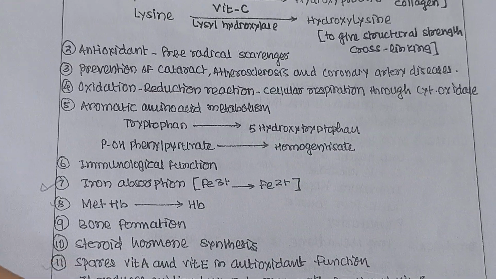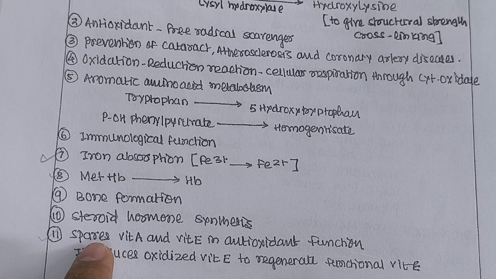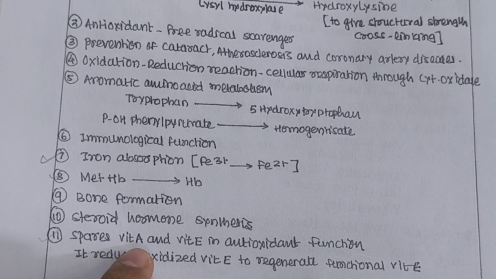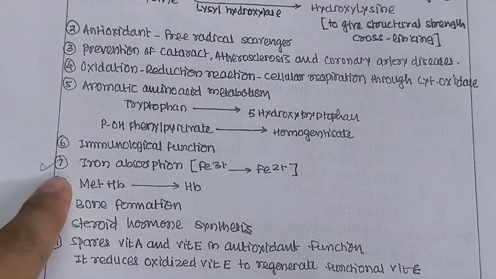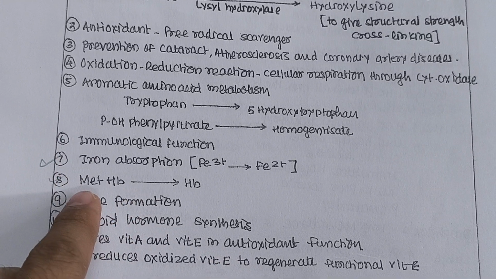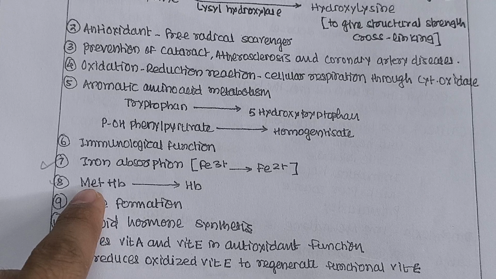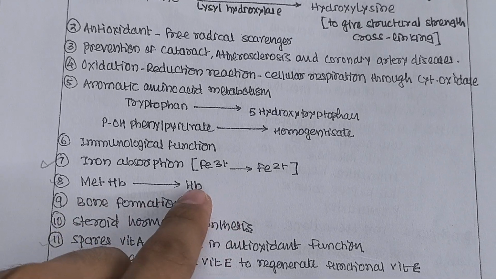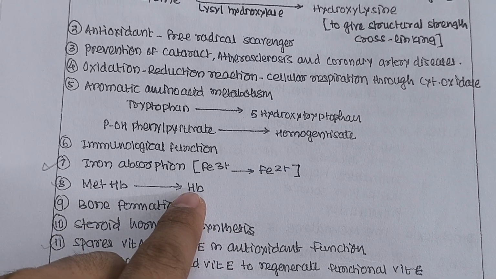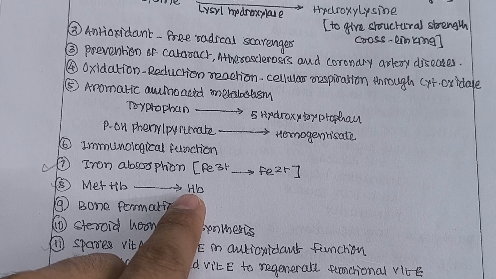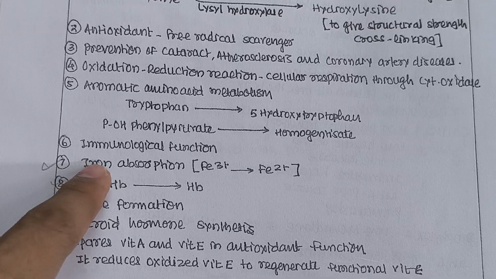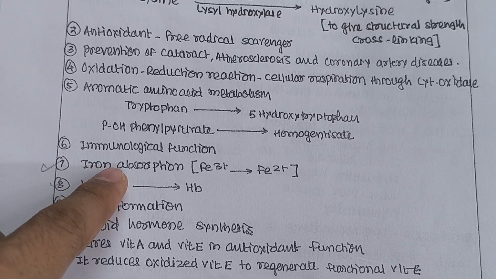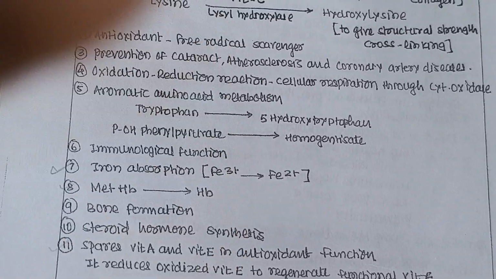You can see that vitamin C protects and maintains vitamin A and vitamin E in their antioxidant nature, and it also prevents the formation of methemoglobin and causes the formation of normal hemoglobin, which is necessary for the transport of oxygen. It is also essential for iron absorption, which is essential for hemoglobin synthesis.